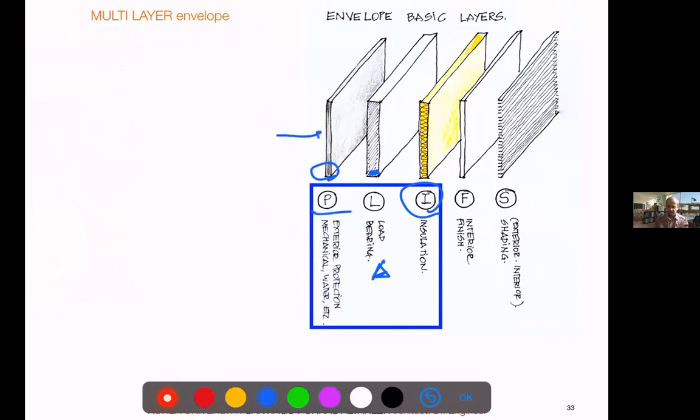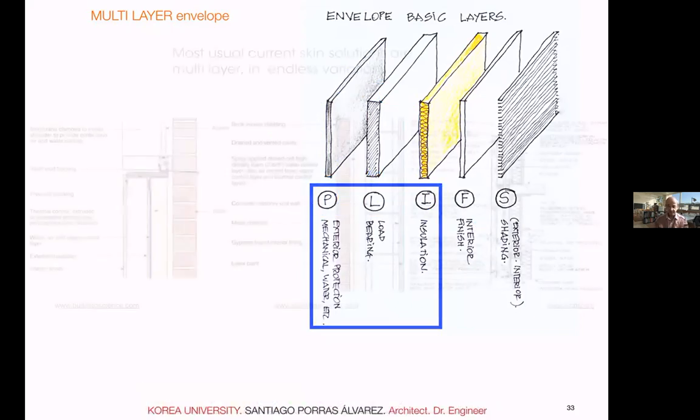So these are the most common layers we have. We have, of course, additional finishes and shadings, and they can be swapped in position, right? And some of them can be coincidental, right? They may happen, but you will see in the textbook that they have symbols like protection, load bearing, and insulation layer, which are the most basic.